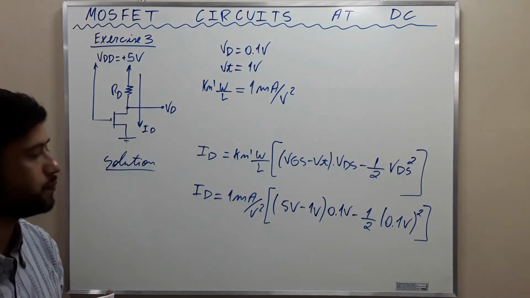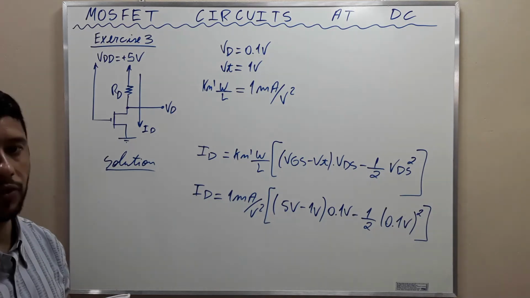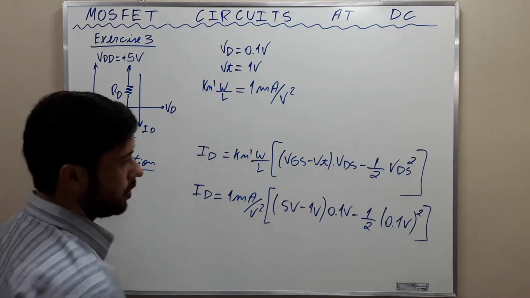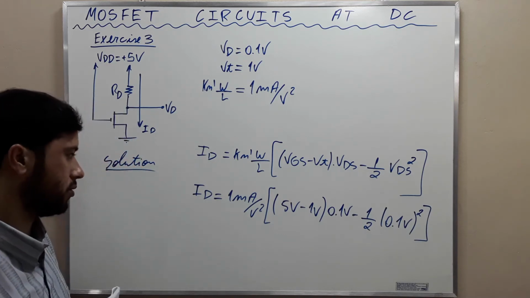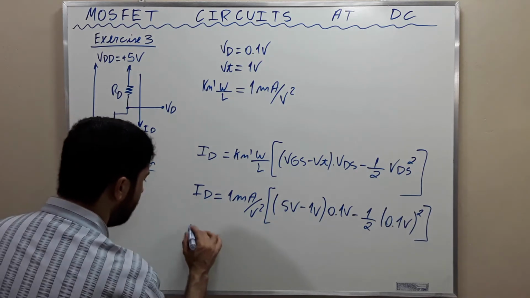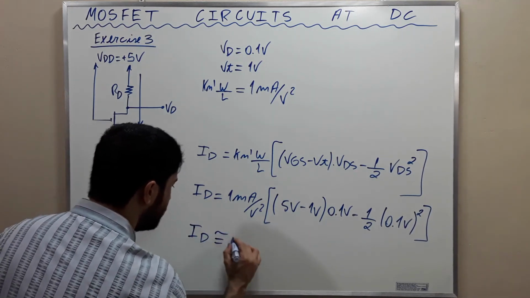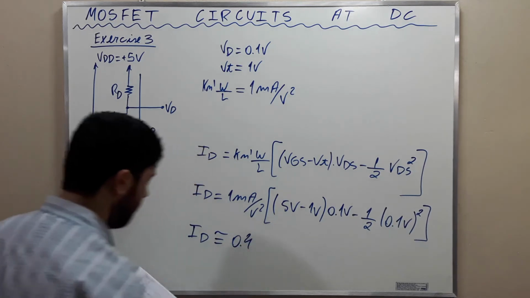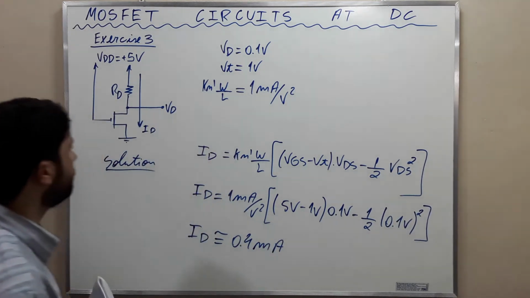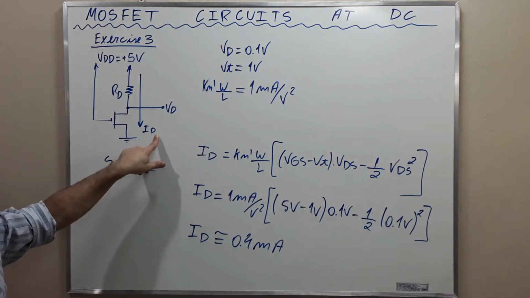Have I made a mistake? No? Is everything right? Let's continue then. And if we calculate this, it is easy. We find a value of ID approximately equal to 0.4 milliamperes. Okay? This is the value of this current here.